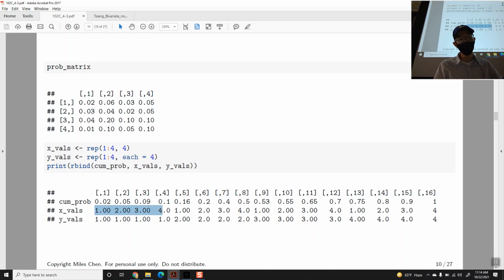And so x becomes 1, 2, 3, 4, 1, 2, 3, 4, 1, 2, 3, 4, 1, 2, 3, 4. And then for the y values, this first column is all 1s, then 2s, then 3s, and we're going to say repeat each value 4 times. So y becomes 1, 1, 1, 1, then 2, 2, 2, 2, then 3, 3, 3, 3, and 4, 4, 4, 4. And it adds on the decimal places just so everything's consistent in the column.